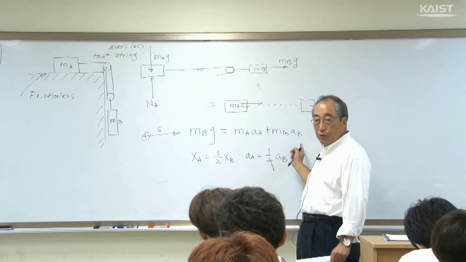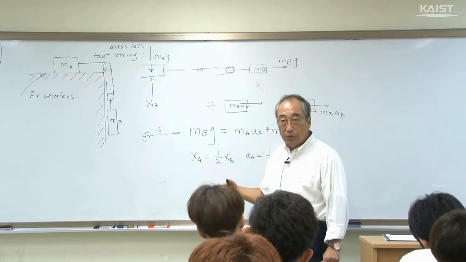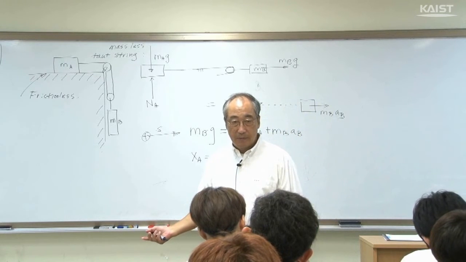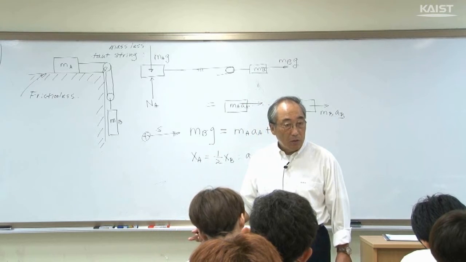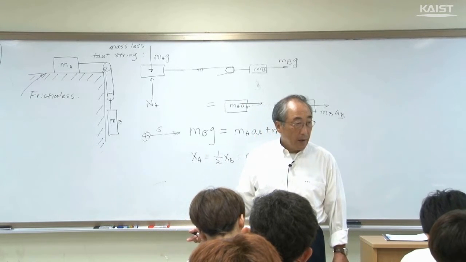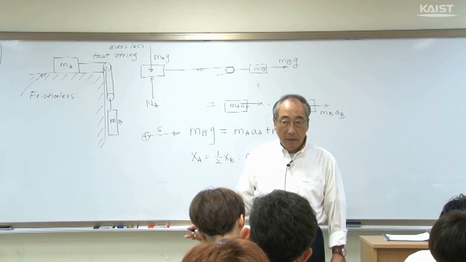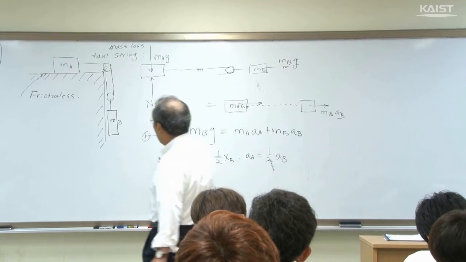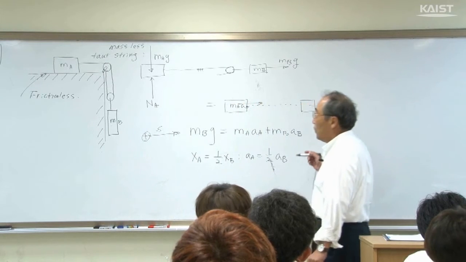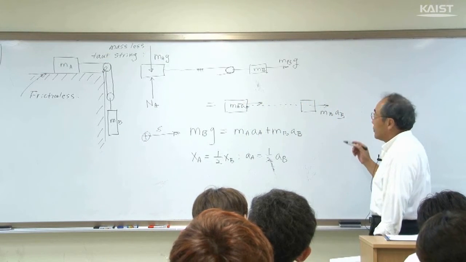Now we have two equations and two unknowns, so we can solve it. I think this is wrong. Why? Then you can solve this problem by considering each mass and applying Newton's second law.